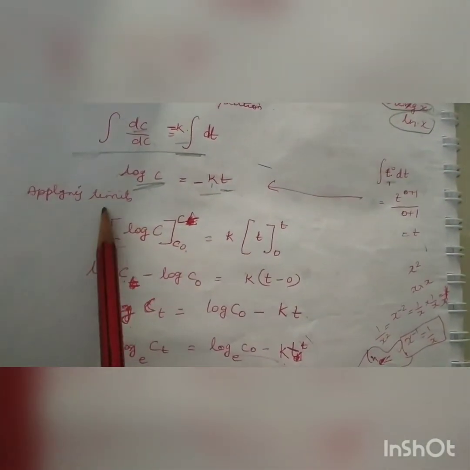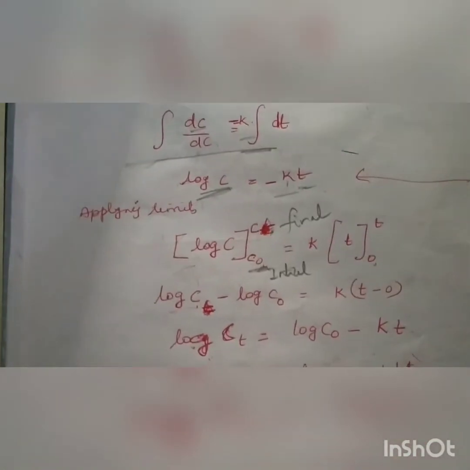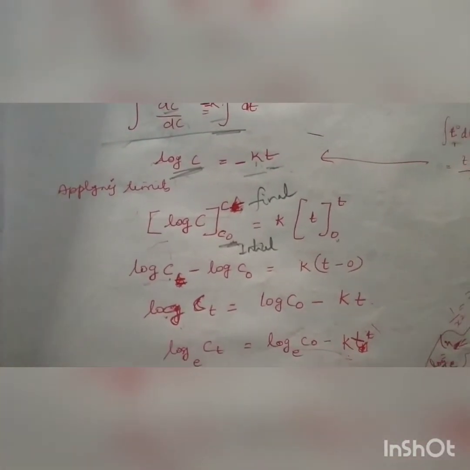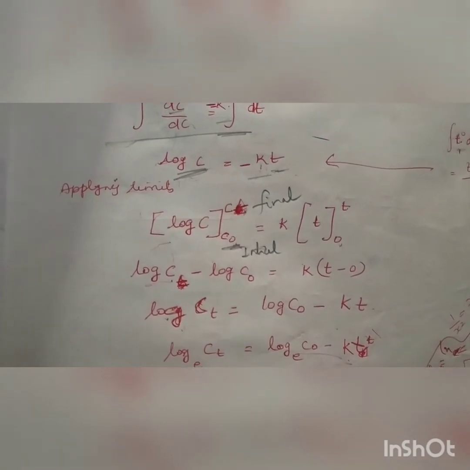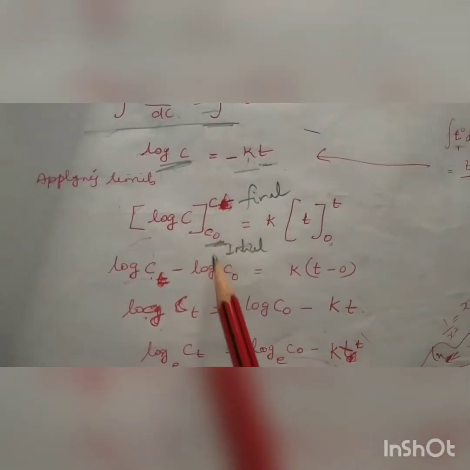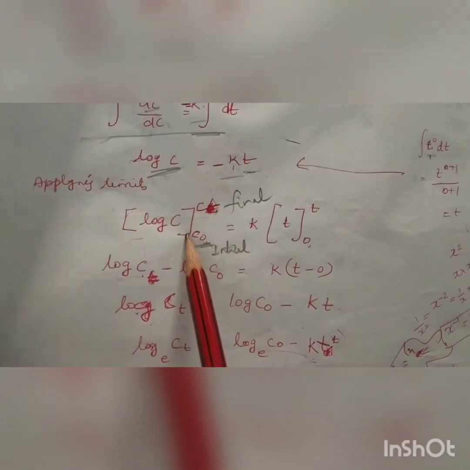Now we are applying the limits to this ln C, Ct and C0, this is the final concentration, this is the initial concentration. So we are just taking a limit, as this is the initial value, this is the final value.